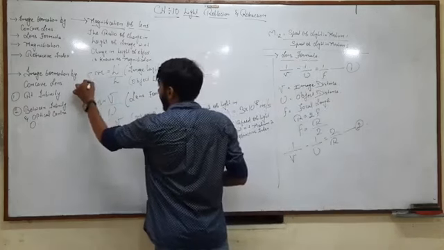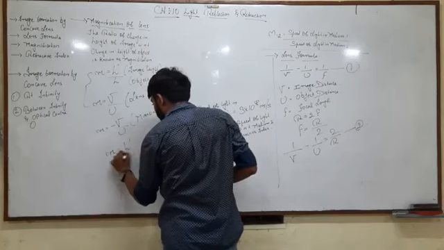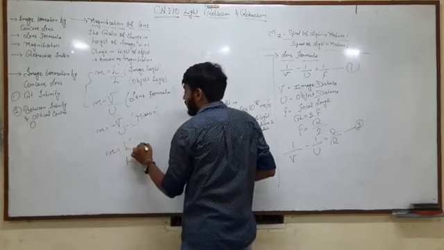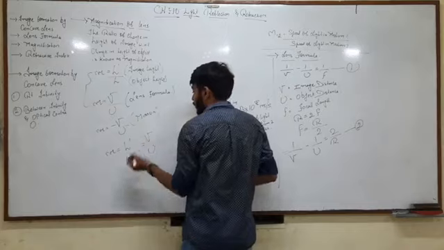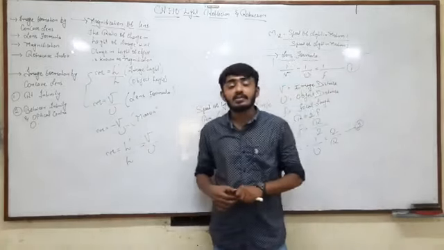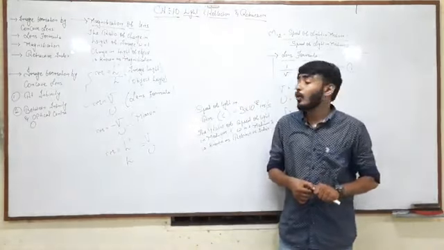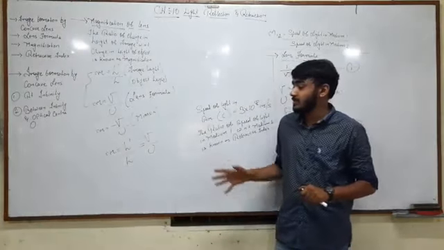After these two formulas, we can also write m is equals to h prime upon h is equals to v upon u. So this is your magnification of lens, and I hope you are clear with this.